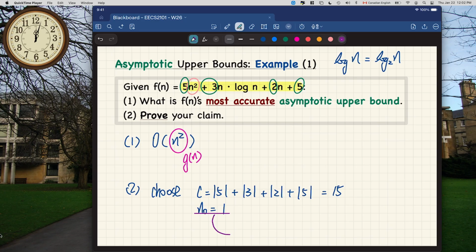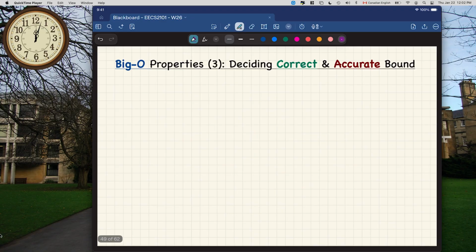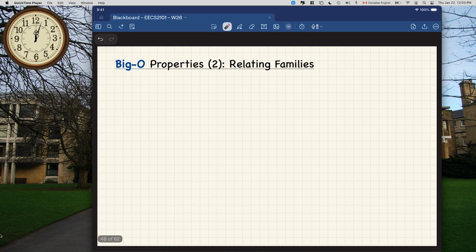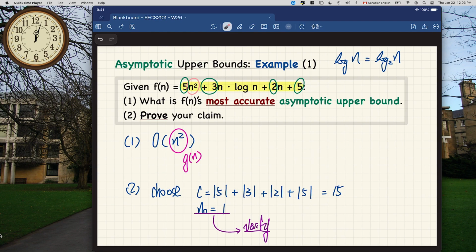Okay? So now let's verify. Remember the very first equation from before. I'll just show you very quickly. Let me write it down one more time. What we have to make sure is f of n0 should be less than or equal to c times g of n0.